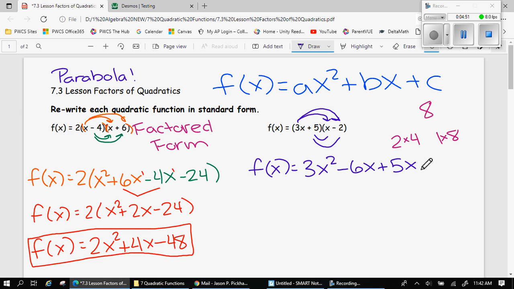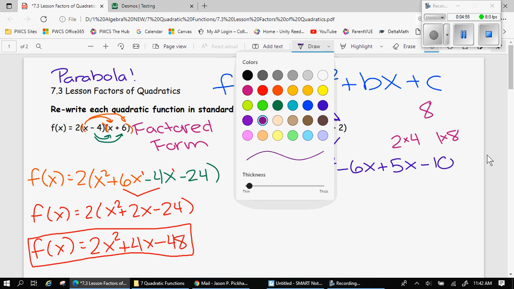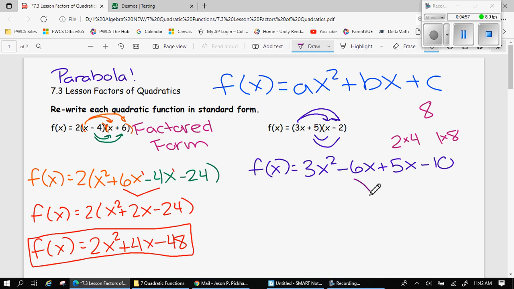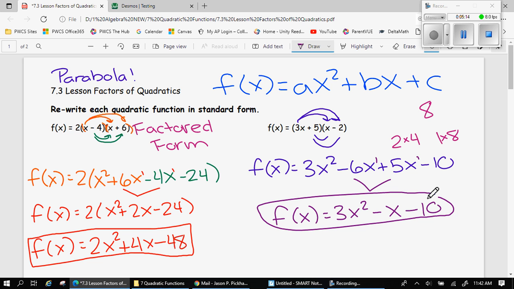Positive 5 times negative 2 is negative 10. And I'm allowed to combine negative 6x and positive 5x because they both have x to the firsts. And negative 6 and positive 5 make negative 1. I'm not going to write the 1. There is my function, my quadratic function, looking like we've been seeing it lately.